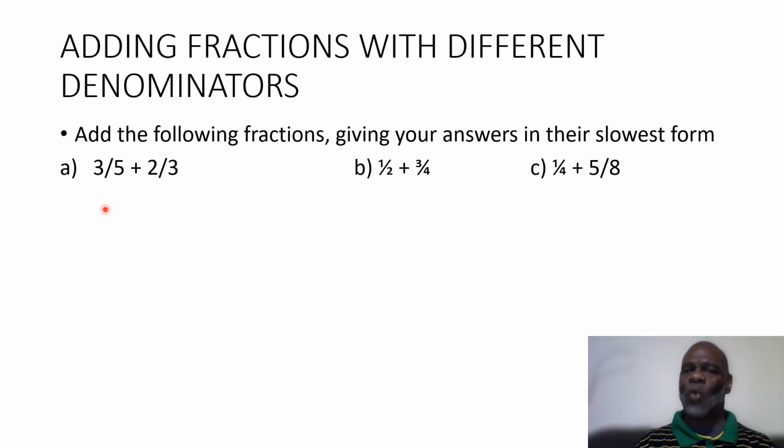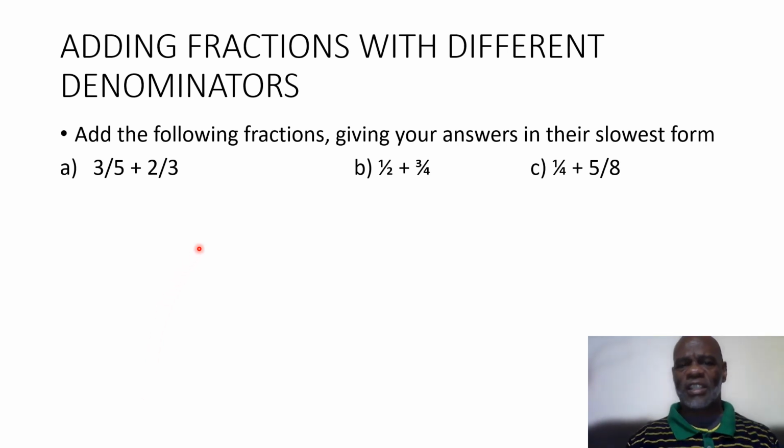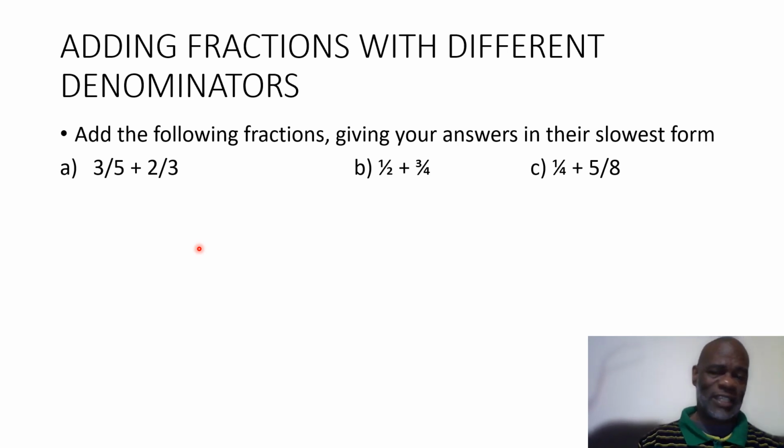Okay. Now, one other thing that we can do, if we just go back to the previous slide, we would notice that when we just did the LCM for 2 and 3, if we multiplied 2 and 3, that would give us 6, right?